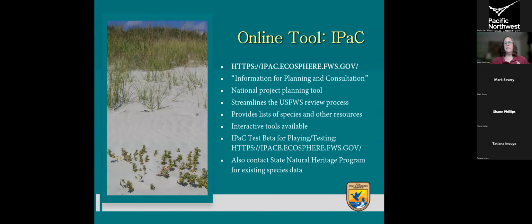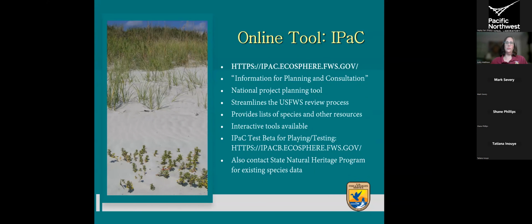U.S. Fish and Wildlife Service has an online tool for planning and consultation, or IPAC. It's a national project planning tool that streamlines our review process, and it provides a list of species and other resources.